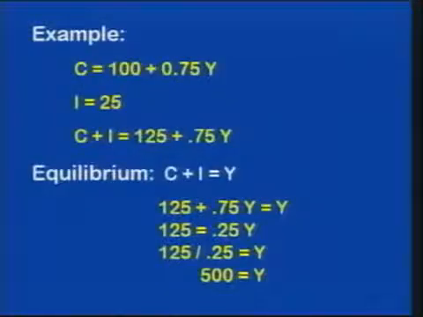But notice, it's very easy to jump in and just solve this as math without thinking about the economics. What's actually going on here is this is the aggregate amount that we produce. This over here is the amount that we want to buy, and the amount we want to buy depends on what our income is.